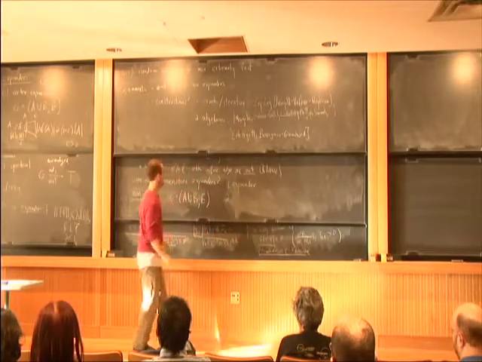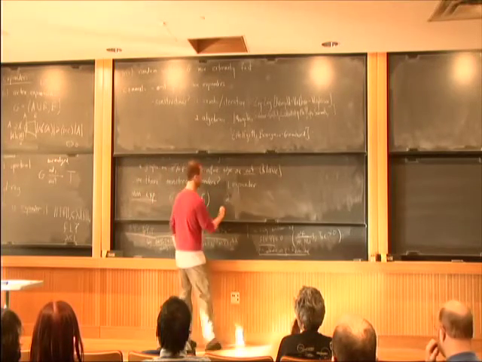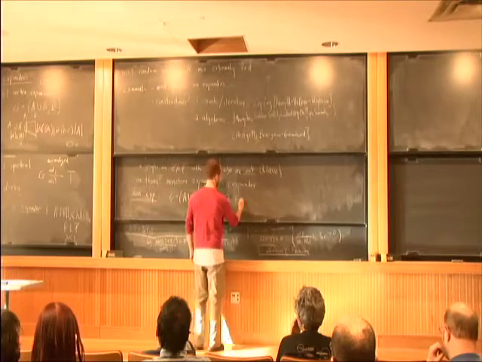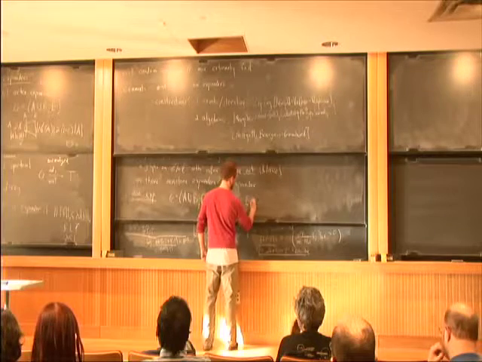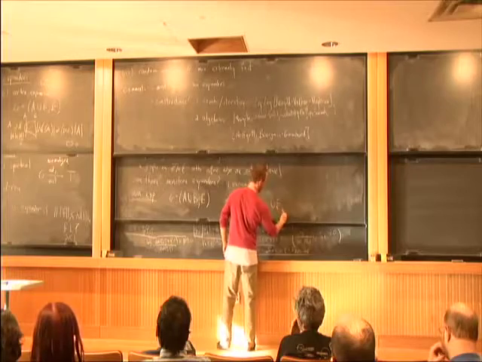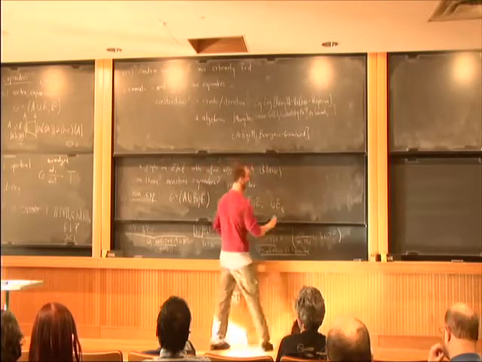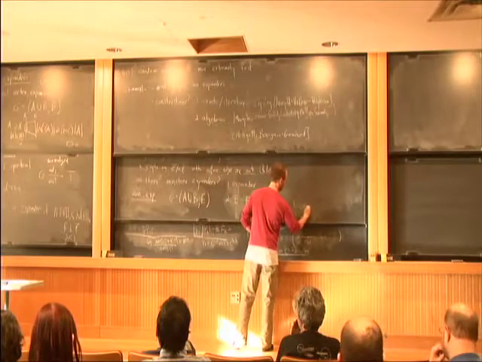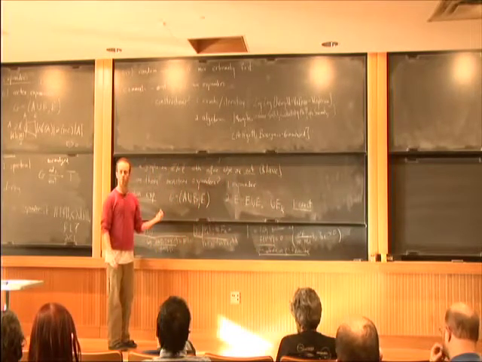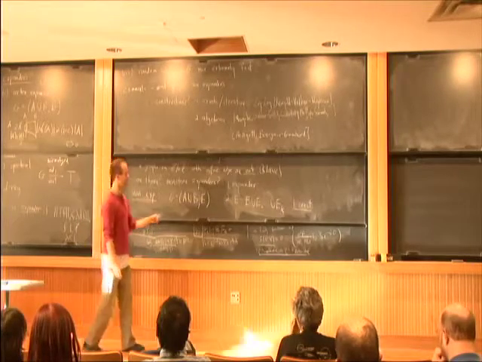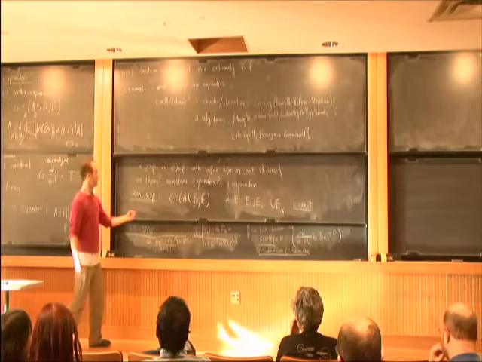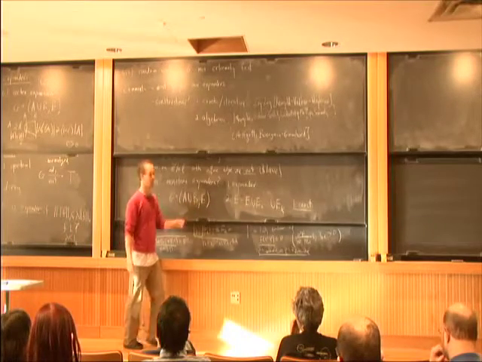And the second property will be the following. We can write the edge set of this graph as a disjoint union of k sets, where k is constant. And we want each of these sets, E1, E2, and so forth, to define partial monotone maps from A to B.